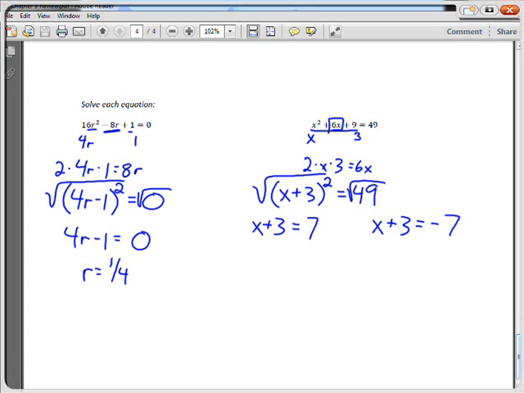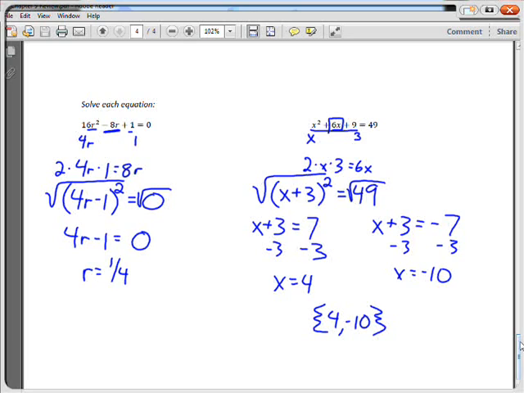So the square root of 49 can be positive or negative 7. Subtract 3 on both sides, I'll get x is equal to 4. Over here, subtract 3 on both sides, I'll get x is equal to negative 10. And so for an answer, I'll have 4 and negative 10 as my answer.